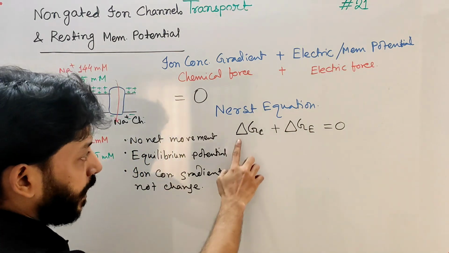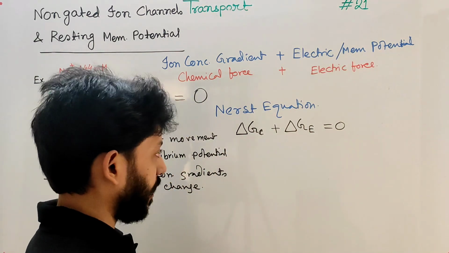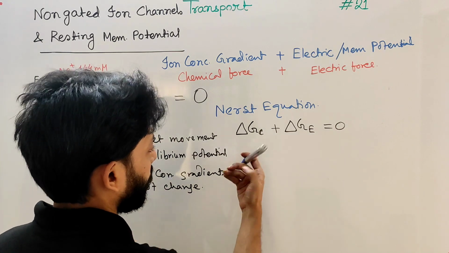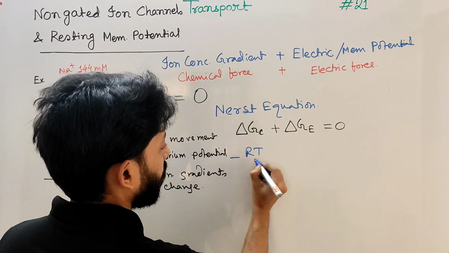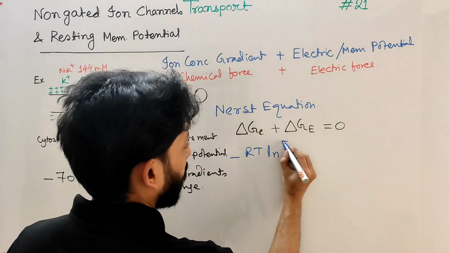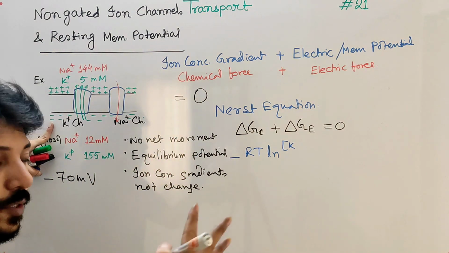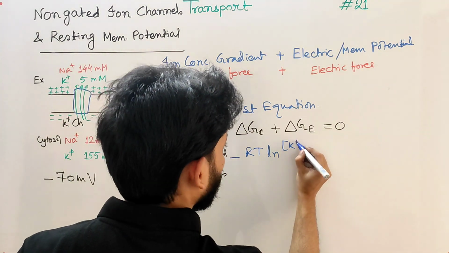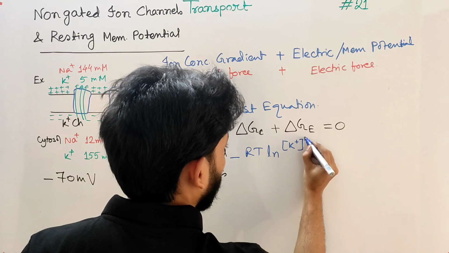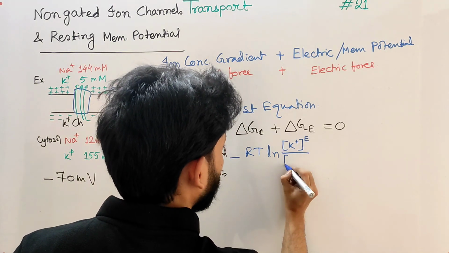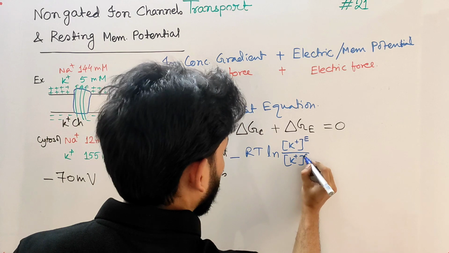Now the formula for delta G for the chemical concentration is minus RT ln of the concentration of, I am giving here the example of potassium, as I have mentioned, the potassium ion is important. So potassium ions in the outside, so I am writing here exterior, and the concentration of potassium ions in the cytosol.